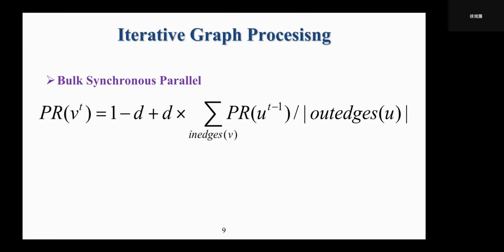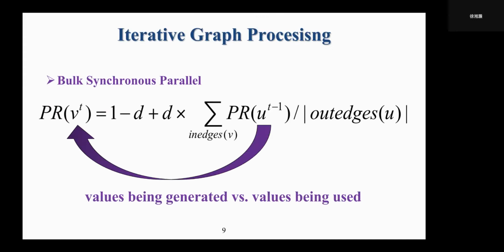On the other hand, the existing graph algorithms are usually organized in many iterations. The bulk synchronous parallel model, or BSP, is the most popular iterative graph processing model. In this parallel model, the value of a vertex in the current iteration is computed based on the values of its neighbors in the previous iteration.